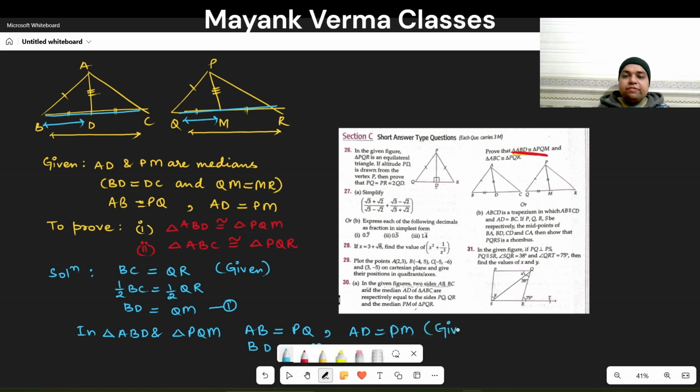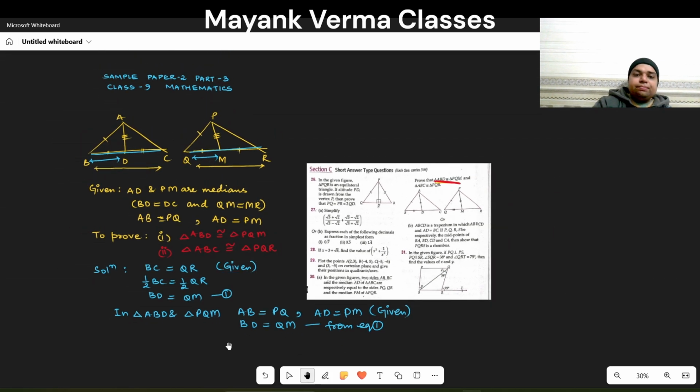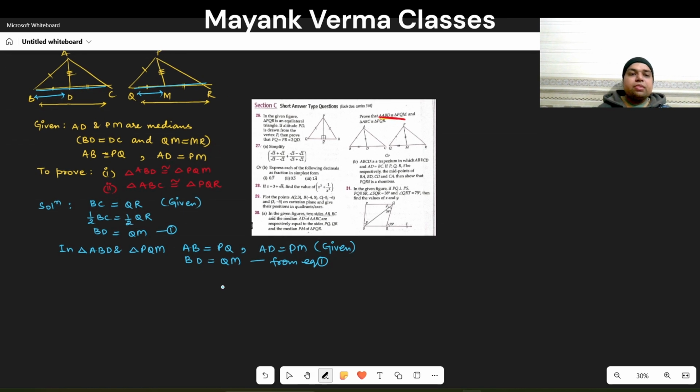These two things are given to us, and the second thing is from equation 1. So by SSS rule, I can say triangle ABD is congruent to triangle PQM.